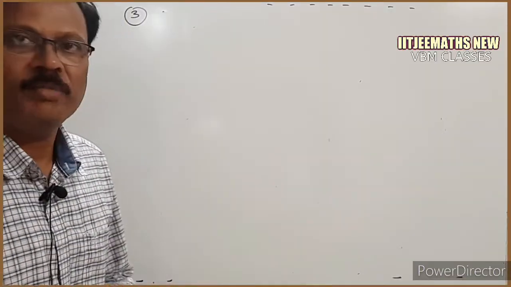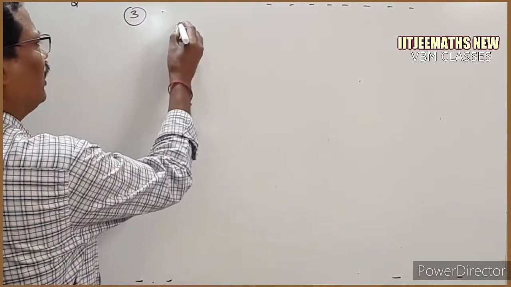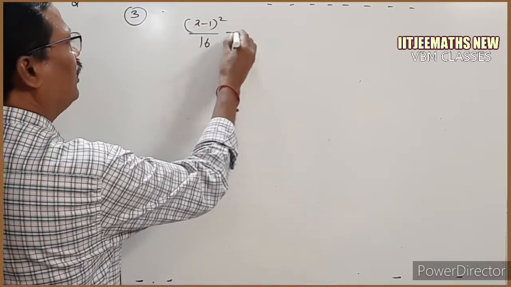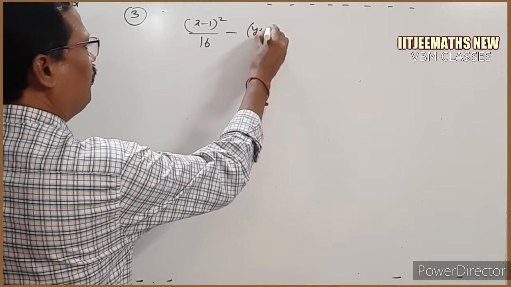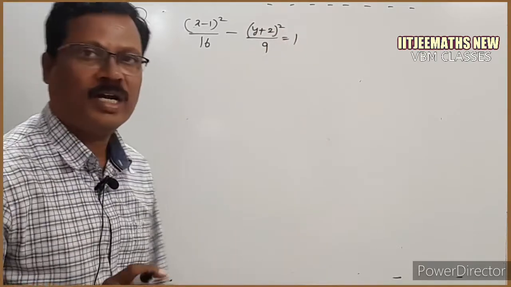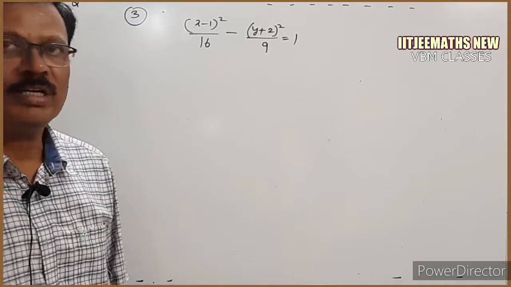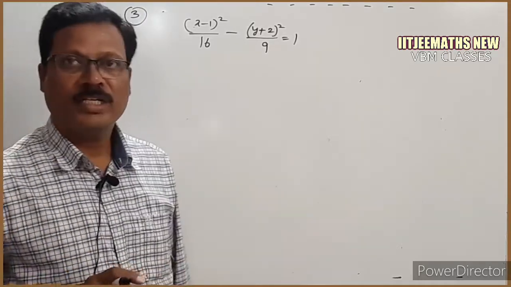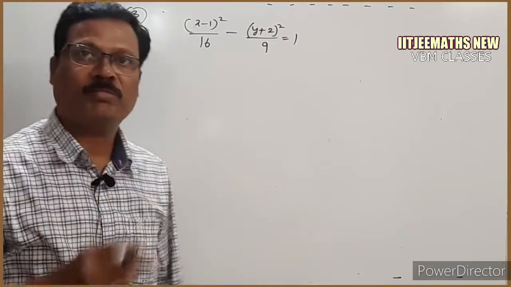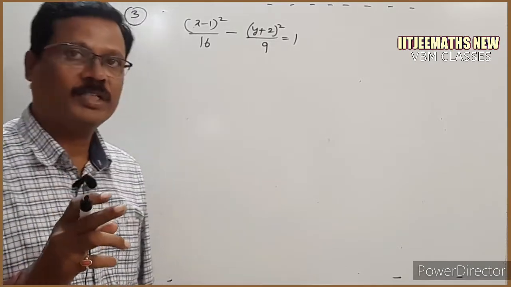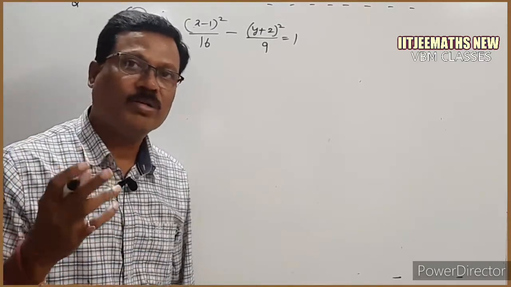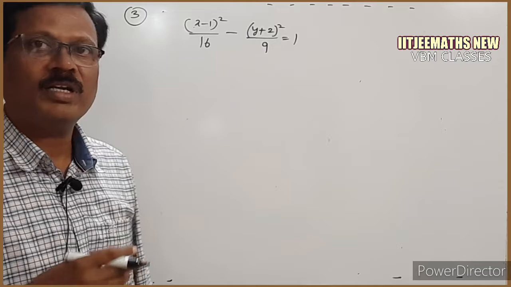Next, see the hyperbola problem. This is the hyperbola given. Okay? Then what they are telling? A triangle with two vertices at the foci of this hyperbola, and the third vertex lies on the hyperbola. Then what is the locus of the centroid of the triangle?